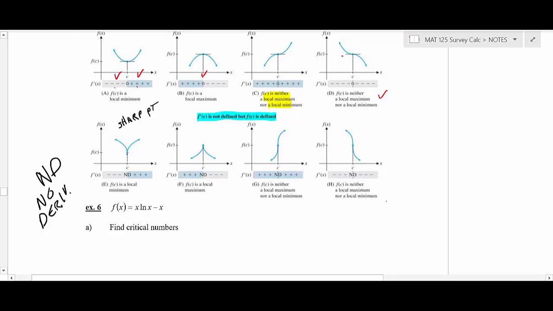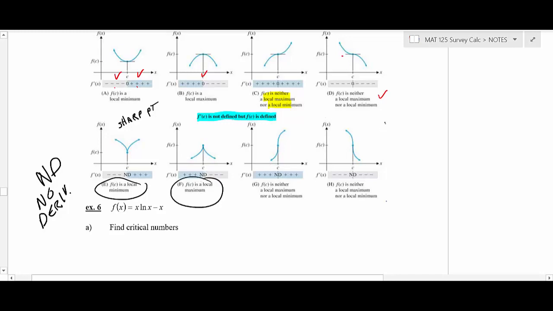Then you would have no derivative because of the sharp point. Then the function increases, so it would be positive. So in this case, you would have a local minimum. You just wouldn't have a derivative, which would mean you'd probably have a sharp point. This is just the opposite situation. You have no derivative, a positive, then a negative derivative, so you have a max.